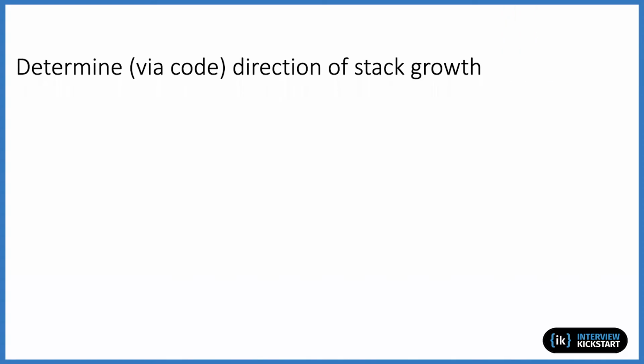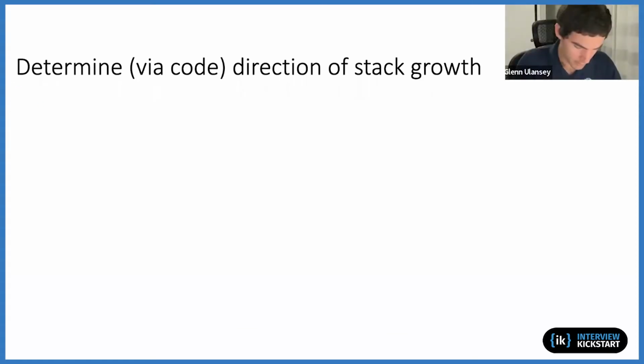Just declare two local variables. You can compare the address of two local variables. That should tell you. Yeah, so let me outline what you're saying here. Let's say we're in main.